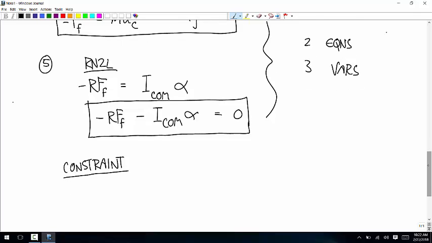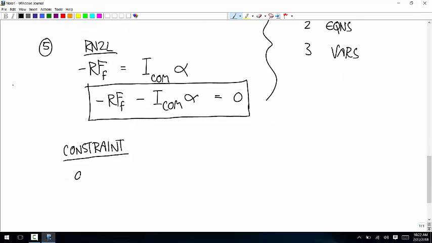And so our constraint equation says AC is equal to negative alpha R. Which is equivalent to saying that alpha is equal to negative AC over R. So now we can decide which one of those two we solve for.